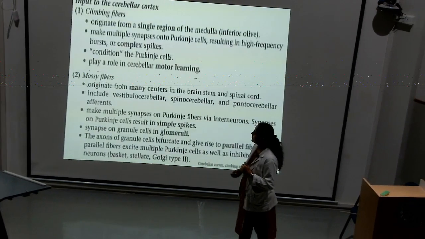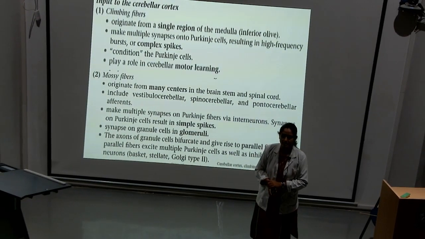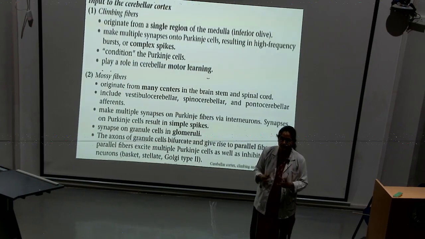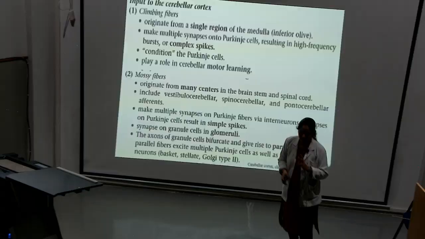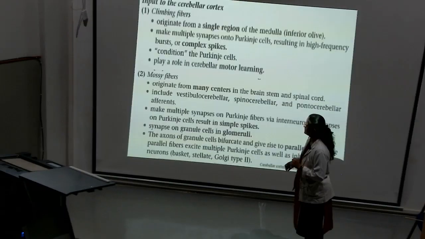So what are the inputs which are coming to the cerebellar cortex? The connections of the cerebellum have input and output forms. Input is mainly through 2 types of fibers, the climbing fibers and mossy fibers.